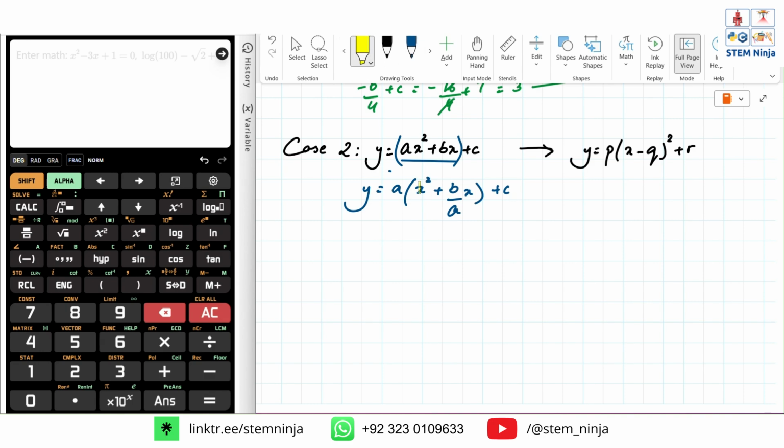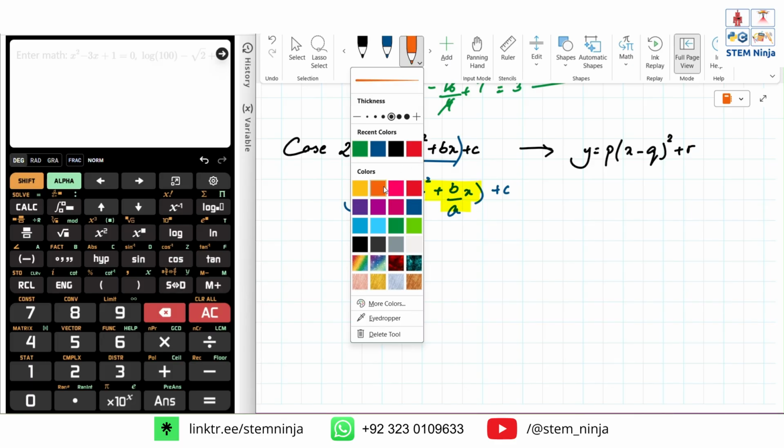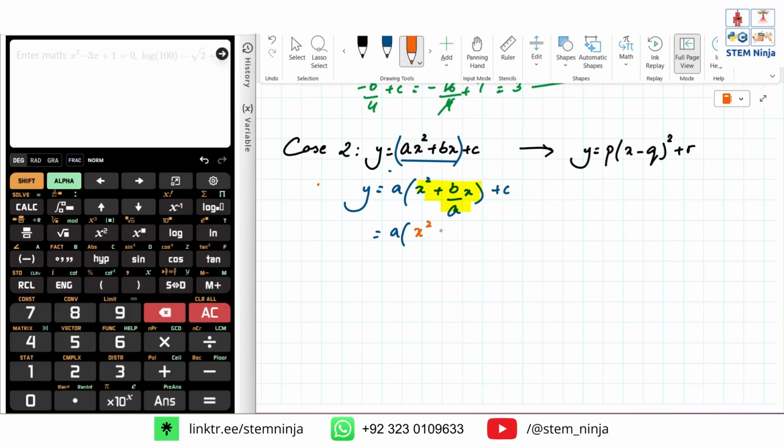The process after that is straightforward, same as before. This is the square we need to complete. So let's use a different color. x squared plus b over a x.